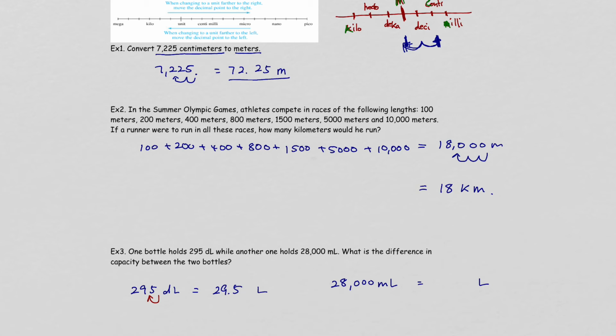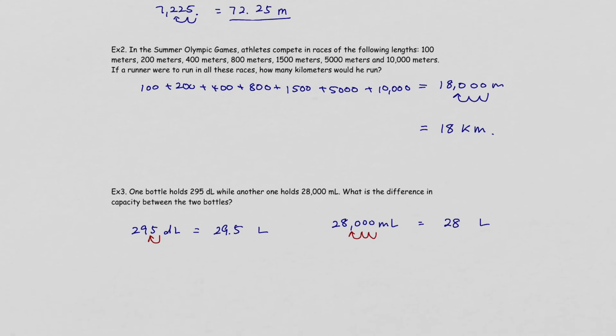So with your decimal, 3 units to the left, it will give you 28 liter. So if we compare 29.5 liter with 28 liter, it will be only 1.5 liter difference. So let's write that. We do 29.5 minus 28 gives you 1.5 liters difference.